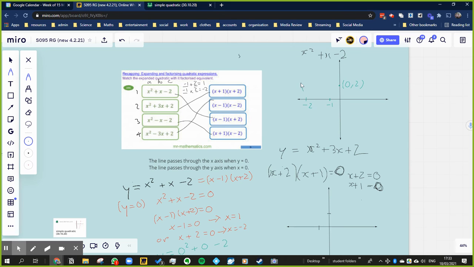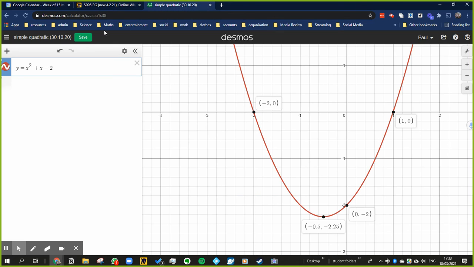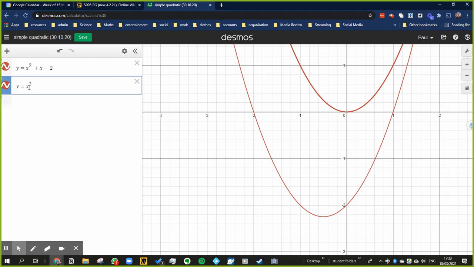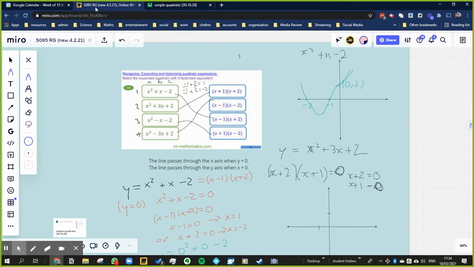It's going to look something like this, without a bump like that. So x squared plus 3x plus 2. Let's add another one: y is equal to x squared plus 3x plus 2.